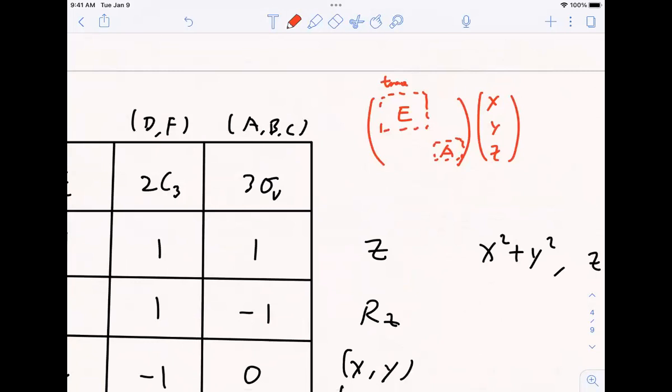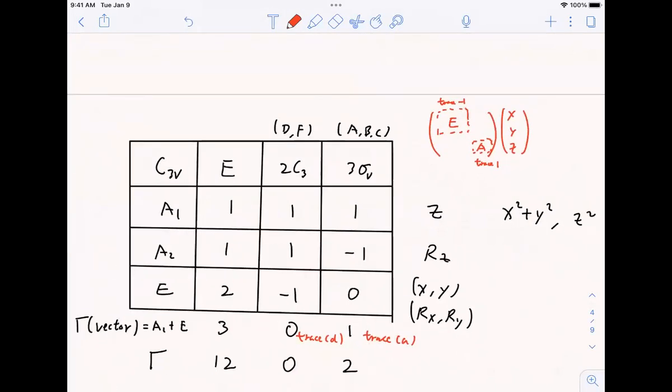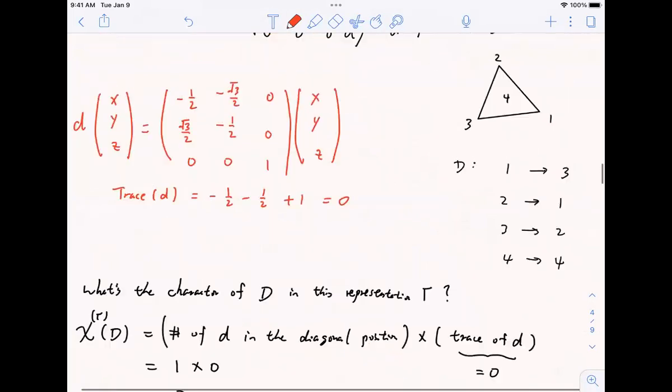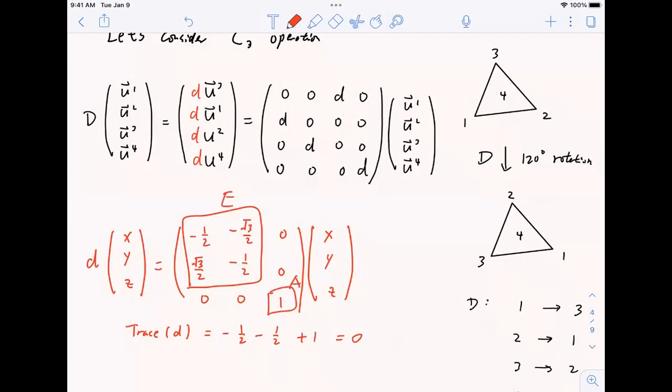So you get a trace of -1 for this one, and for this one you get a trace of 1. So the total trace is -1 plus 1, which is 0. That's why you get 0. You can easily tell how the D transforms. You have a Z here, and then you have an E here.